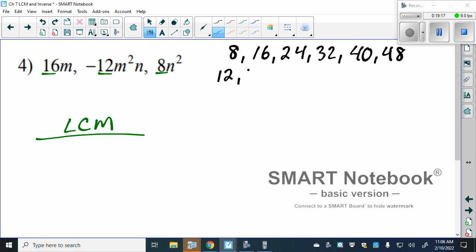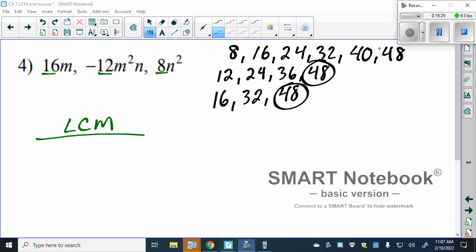For 12: 24, 36, 48. And for 16: 32, 48. Go this way, and that's the first number that all 3 would be.